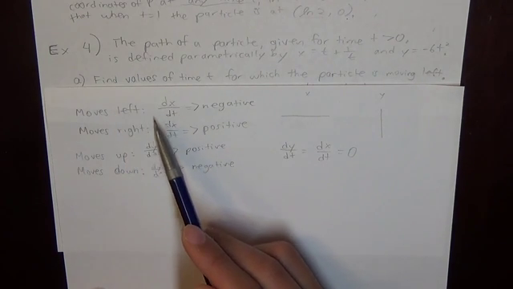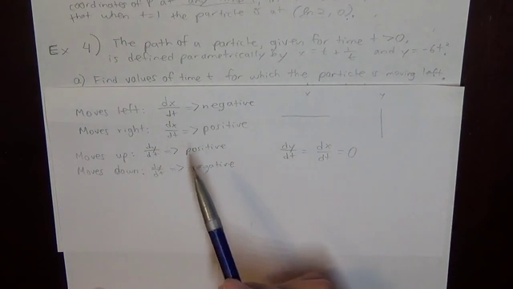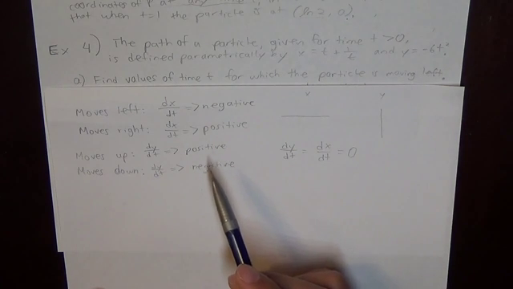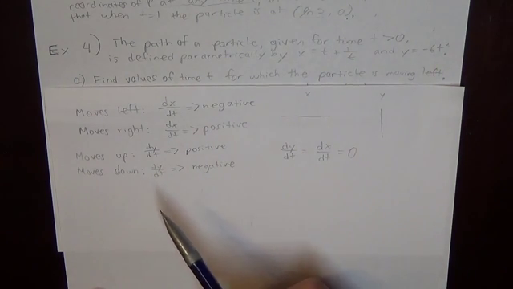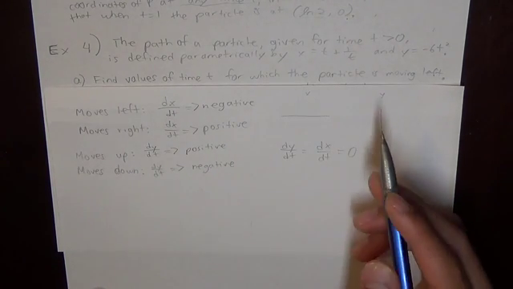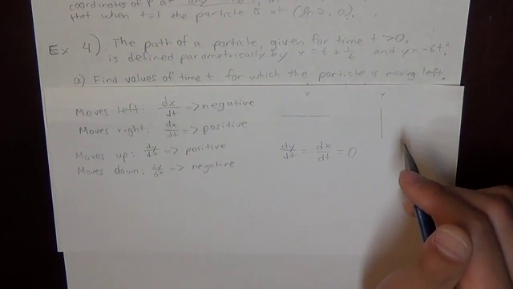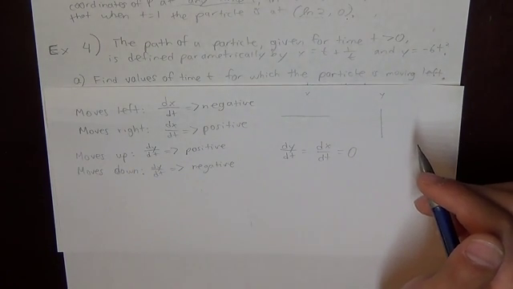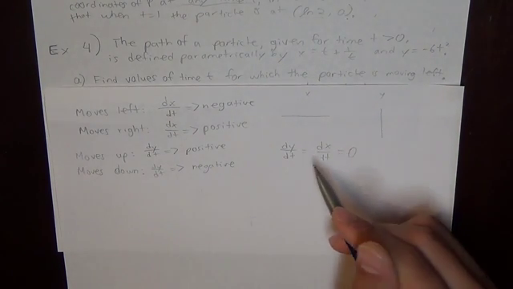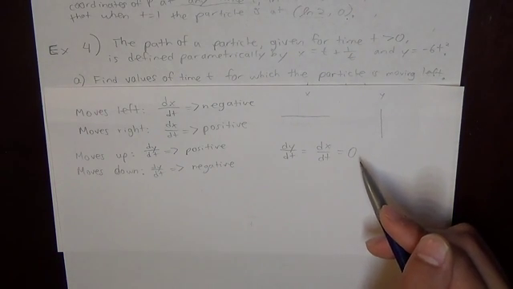A particle is moving left when dx/dt is negative. It's moving right when dx/dt is positive. It's moving up when dy/dt is positive, and it's moving down when dy/dt is negative. Another really important thing to remember is that if it asks when a particle is stopped or at rest for a parametric equation, that's when dy/dt and dx/dt are both equal to 0.